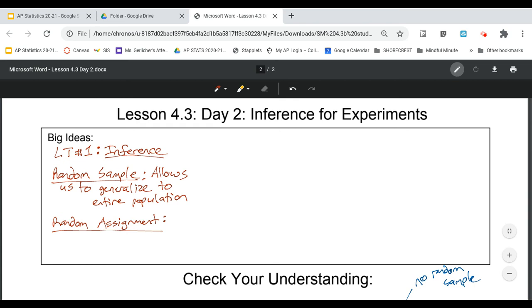Okay, random assignment. So once you have all your experimental units in an experiment, now deciding who gets what treatment, that separately is the cause for a good experiment. And the purpose of it is to wash out all the confounding variables and leave it down to just the variable that you're controlling for. So it allows us to make cause and effect conclusions.